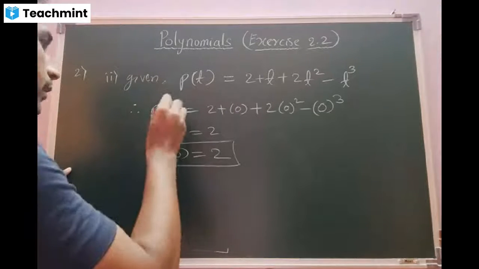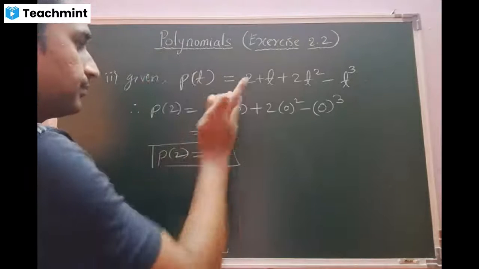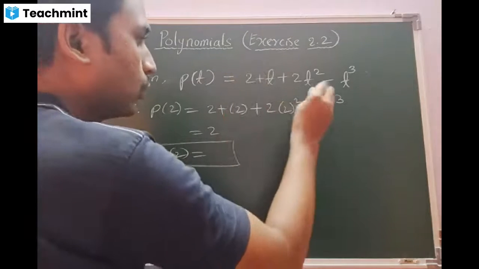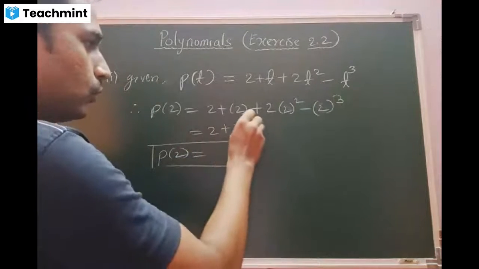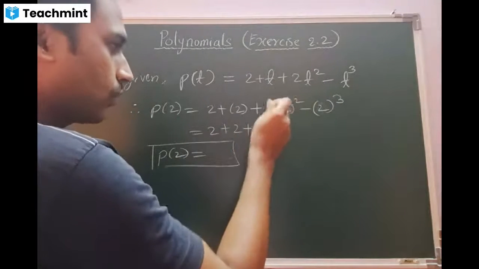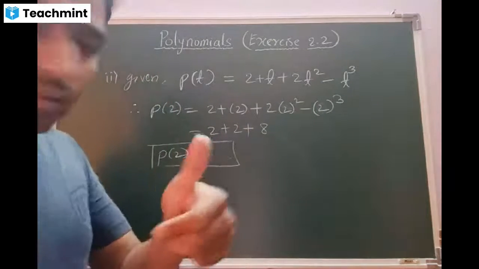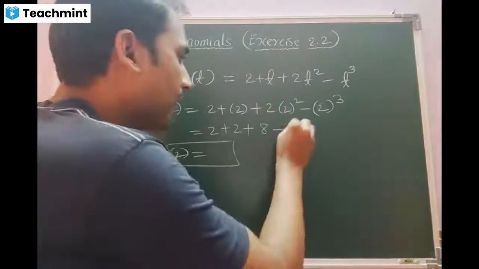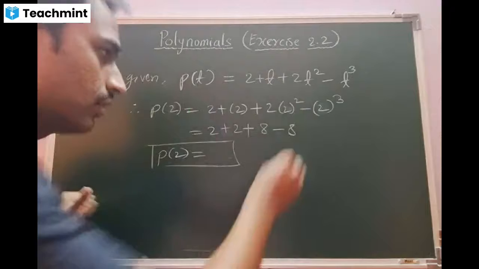P of 2 I want. Let me check it out. So 2 here, and 2 here. If I solve 2 plus 2 into 4, shall I write directly 8, beta? Yes. Here plus 8, then minus 4 into 2, it is minus 8. We can cancel plus 8 and minus 8.